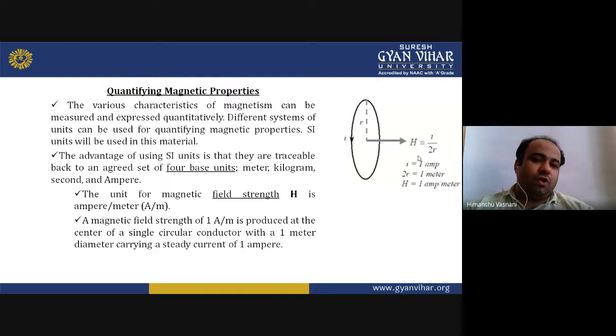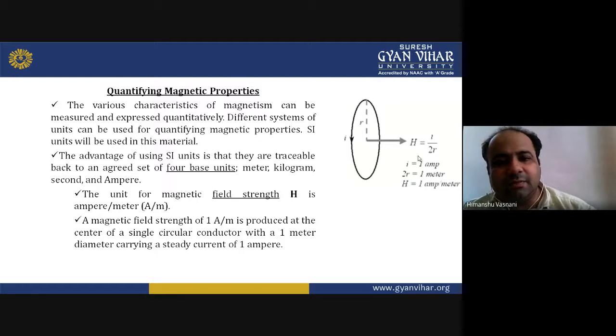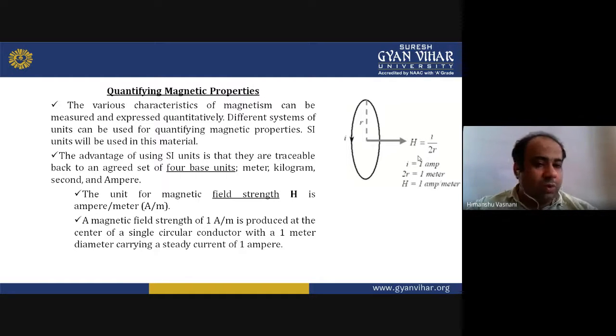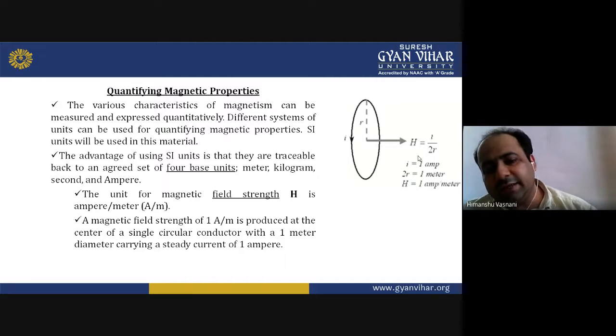The advantage of using SI units is that they are traceable back to an agreed set of four base units: meter, kilogram, second, and ampere.